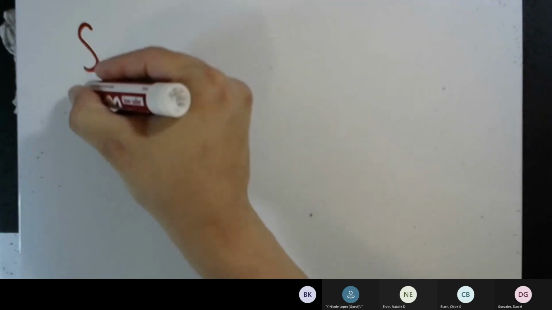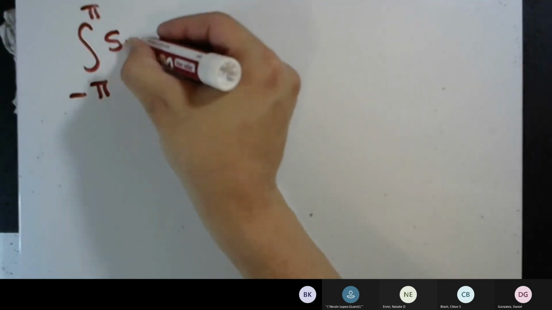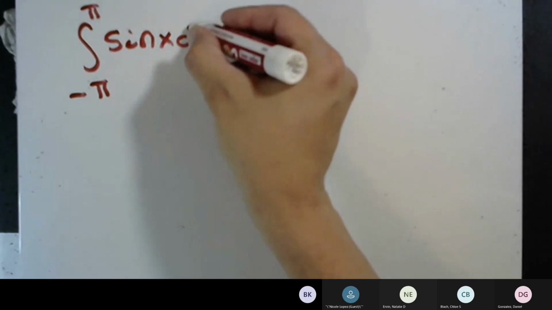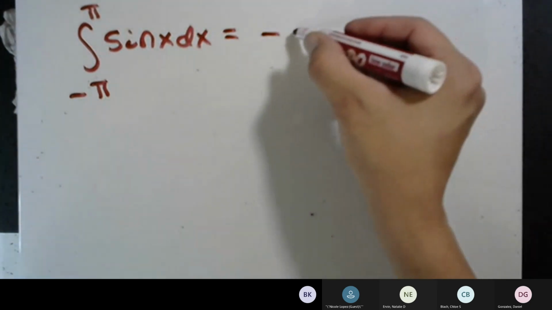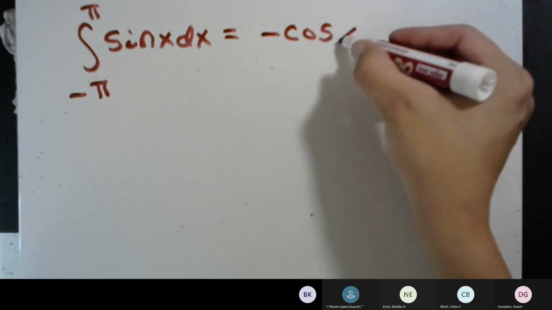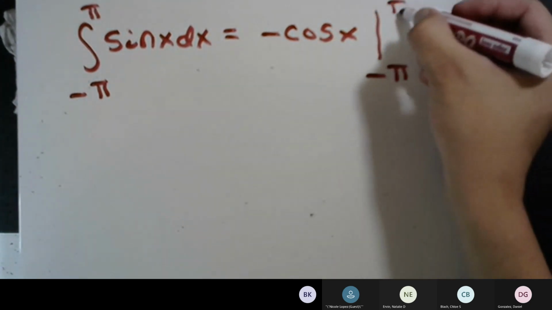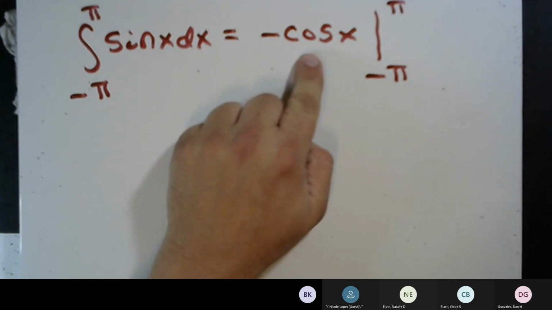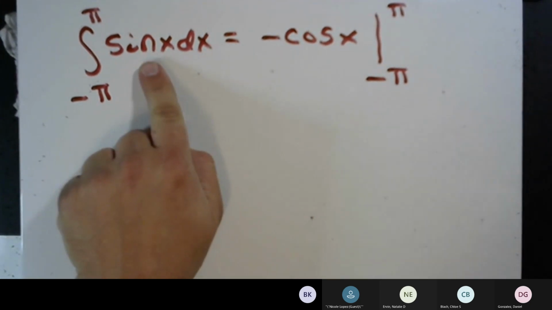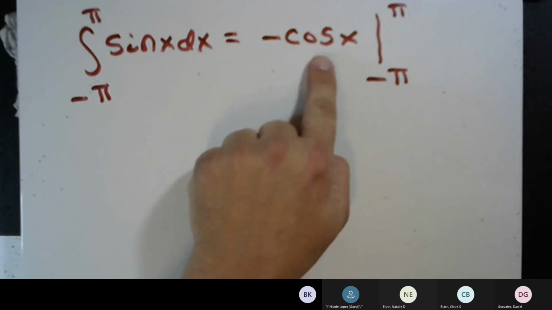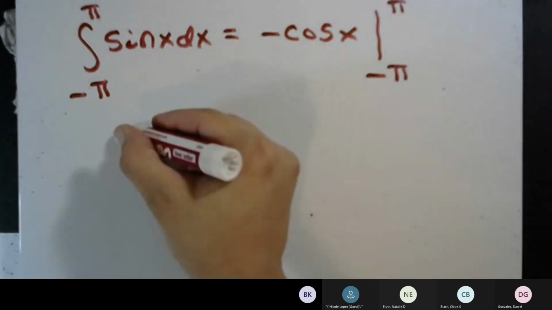So the integral from negative pi to pi of sine x dx is going to be negative cosine of x from negative pi to pi. It's negative cosine because if you take the derivative of cosine, you'll get negative sine. We've got a positive sign, so negative sine times a negative gives you that positive sign.